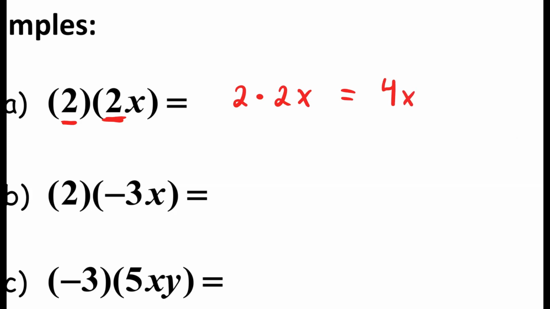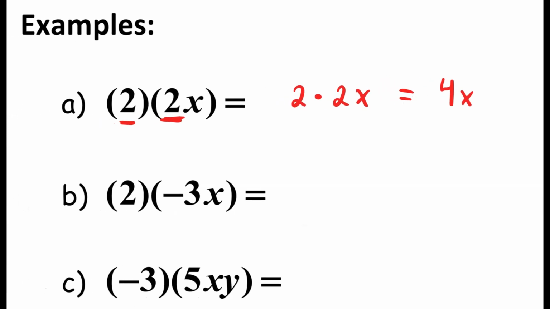Now, if we had multiple variables involved in this question, then we would be adding the exponents. But because there's no variable on the first part of this, 2 is just by itself, it's just the 2 times 2, and we're writing down the variable of x.